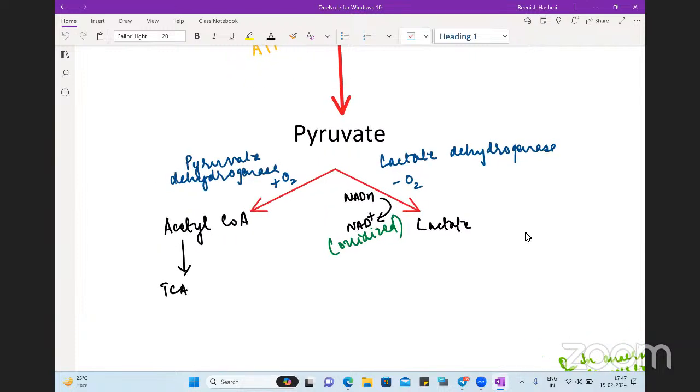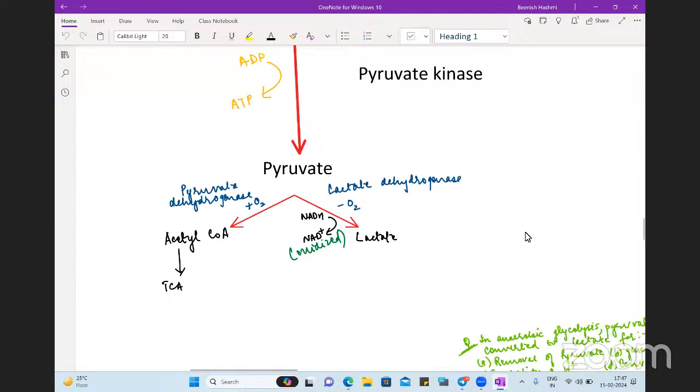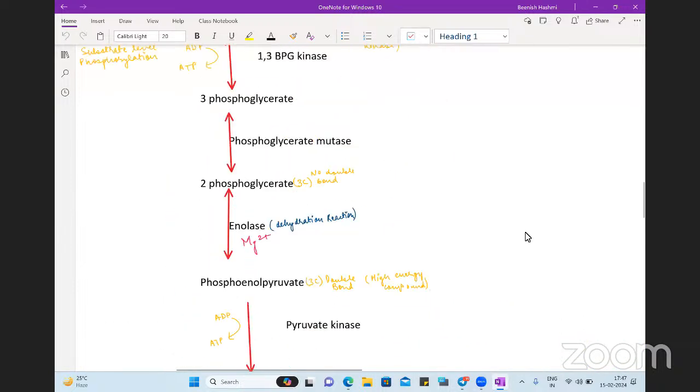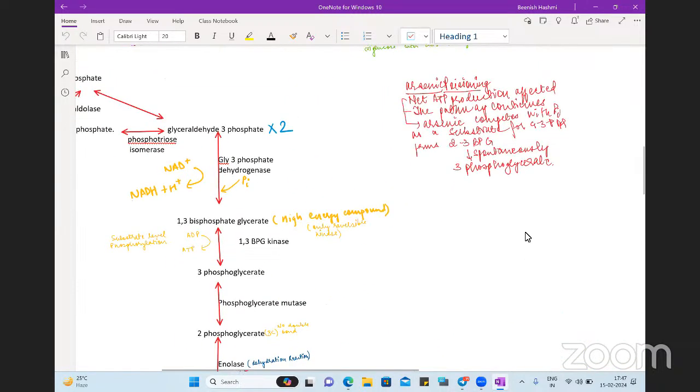Otherwise, anaerobic glycolysis usually does not take place because the ATP formed, we'll study in energetics, is low. Only when required will anaerobic glycolysis run. Otherwise, in normal circumstances, it is aerobic glycolysis, formation of acetyl-CoA which enters TCA, that usually takes place. So these were the steps of glycolysis.